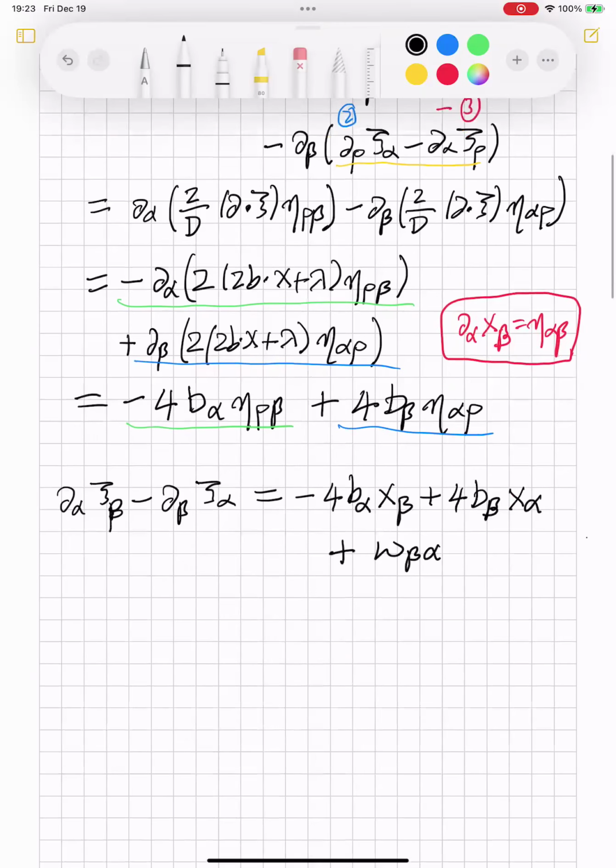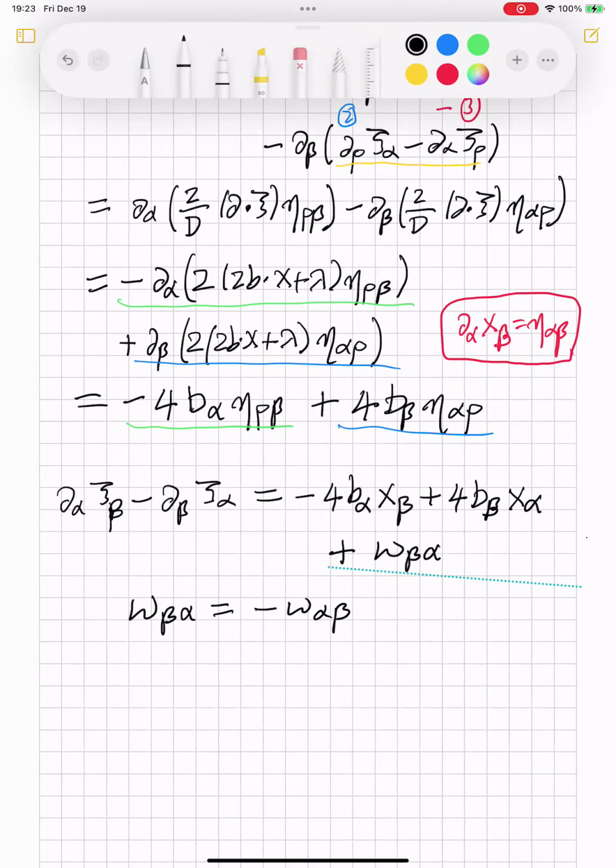And the other thing that I should note is the left-hand side is anti-symmetric under swapping alpha and beta. So this constant that I add in must also be anti-symmetric. So omega beta alpha is minus omega alpha beta. Good. So now I have integrated to get what is d alpha zeta beta minus d beta zeta alpha.